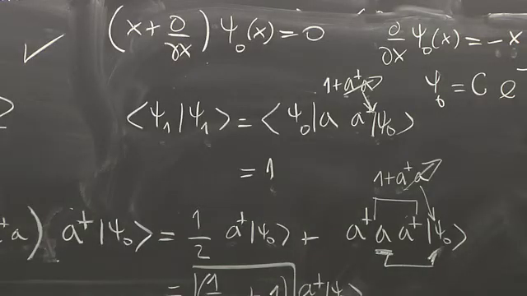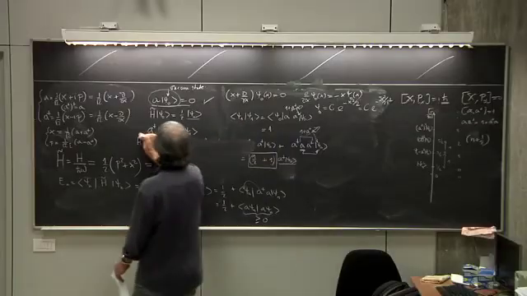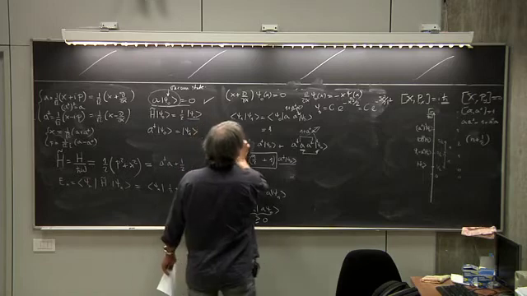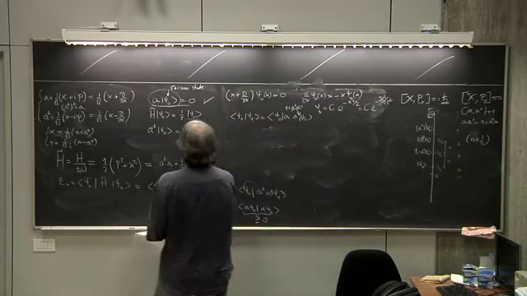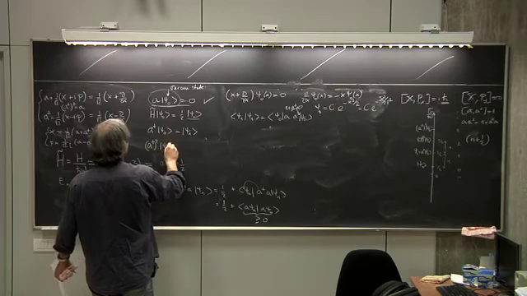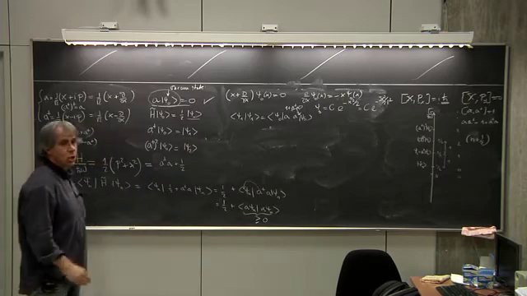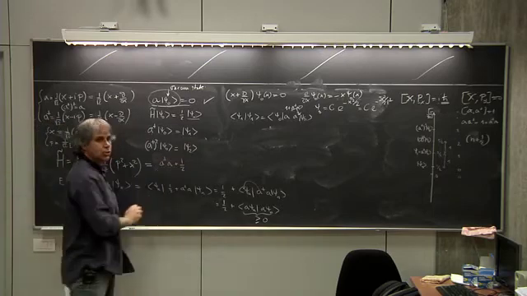But when you go to higher states, so for instance, you construct this object, A dagger squared psi 0, you would be tempted to call it psi 2. Well, you can call it psi 2, but this psi 2 is not normalized.